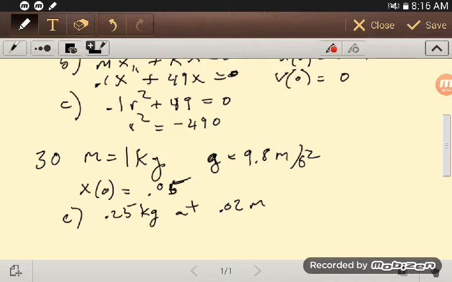Let's see, so I think, where do they, let's see, motion mass hanging in the vertical spring.